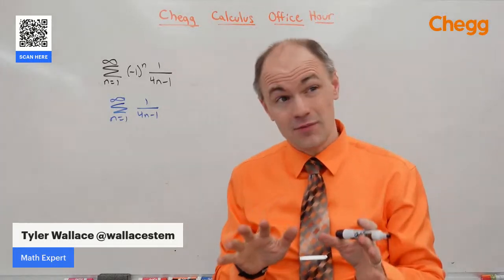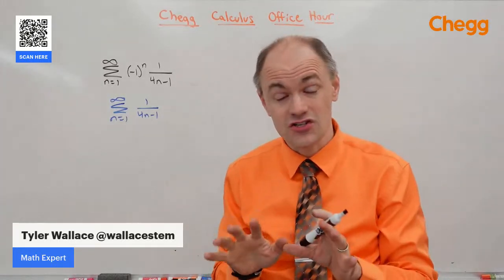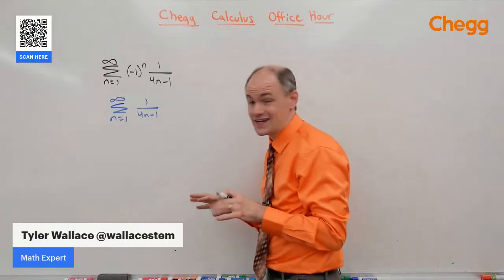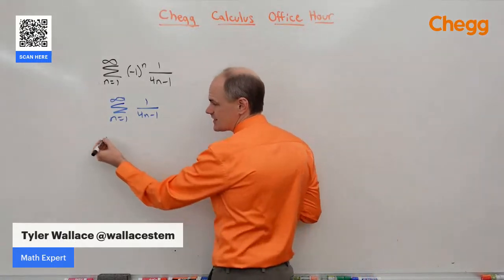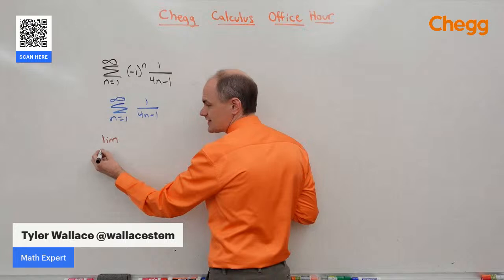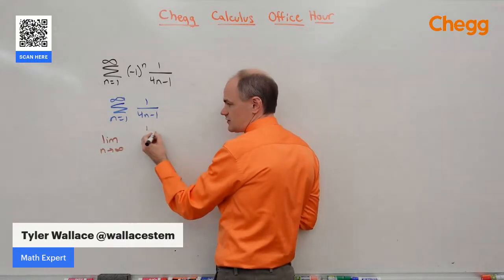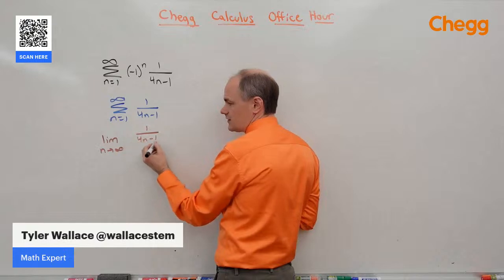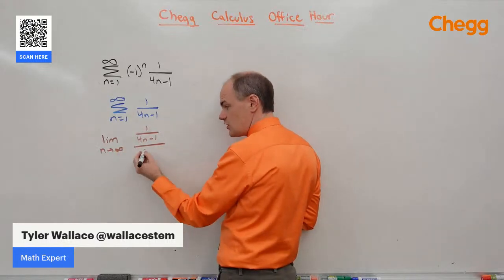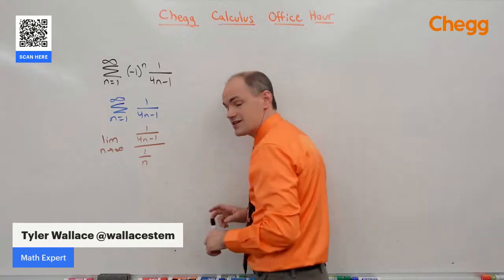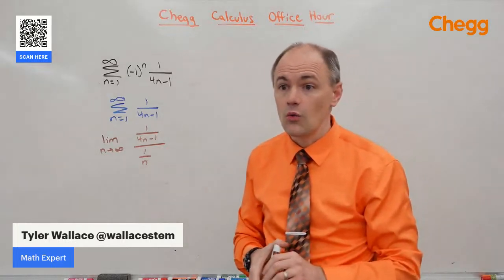That strikes fear into me because the harmonic series diverges. So it's already kind of dicey. But let's do the limit comparison test, where we take the limit as n goes to infinity of my unknown series, 1 over 4n minus 1, and divide it by a known series that's similar to it. Let's divide it by 1 over n.